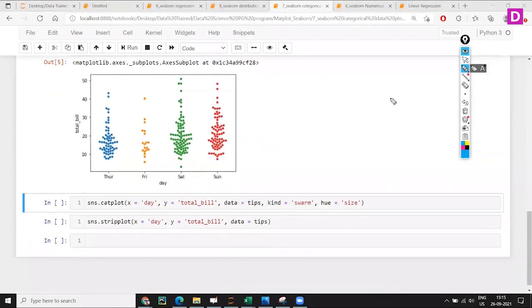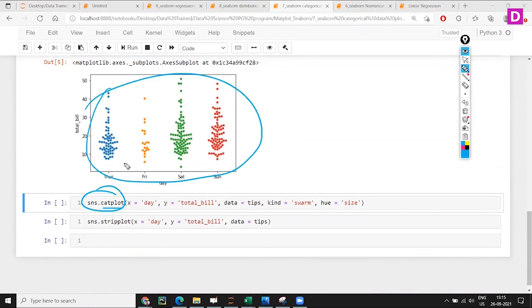Okay. Then again a cat plot. Here I wanted to plot the cat plot, and inside I wanted to plot this swarm plot. I can club it, just for some visualization, some beautification, right?